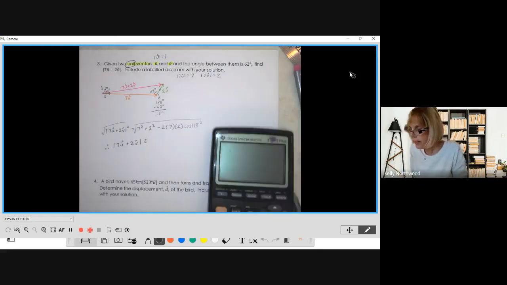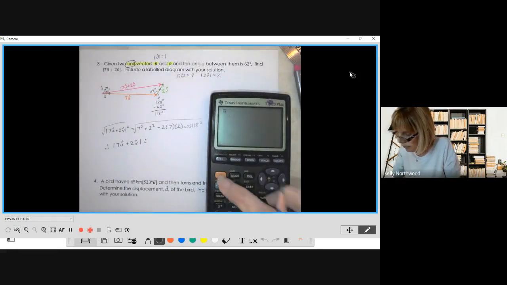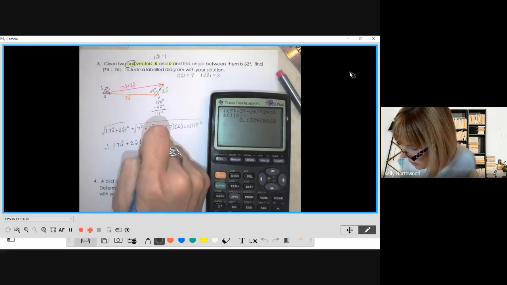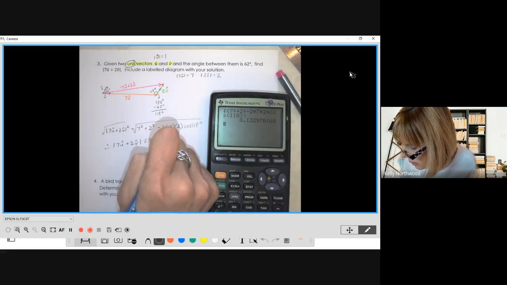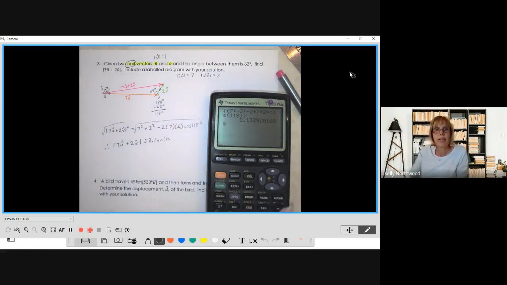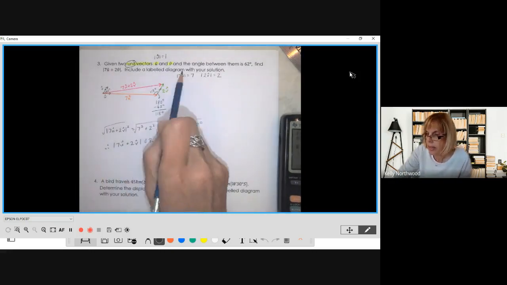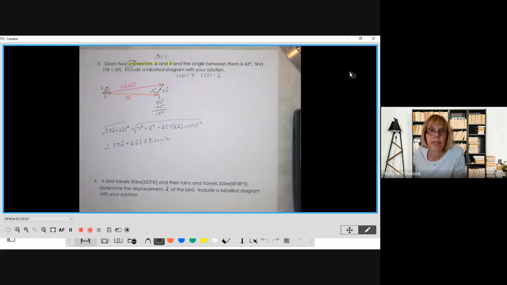Go to my calculator. For that one, I got 8.1 approximately units. And again, it just asked me for the magnitude. So once you've done that, that's your answer. You've done your labeled diagram with your calculation using proper vector notation.